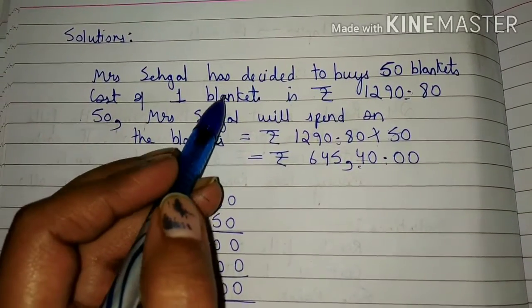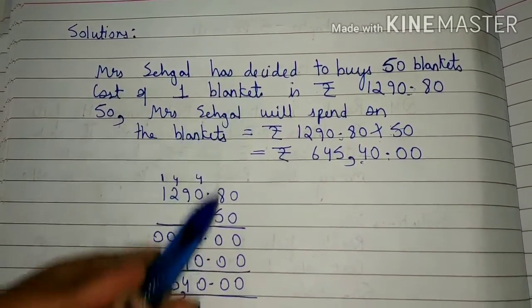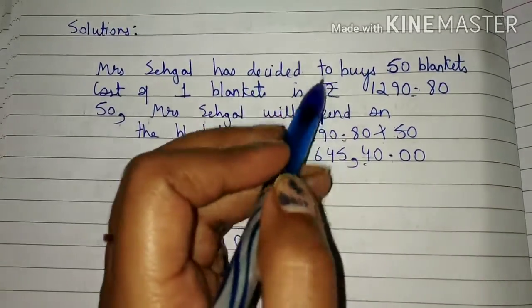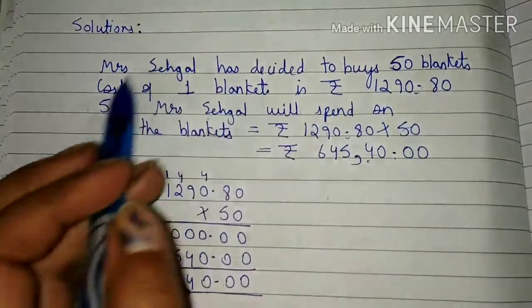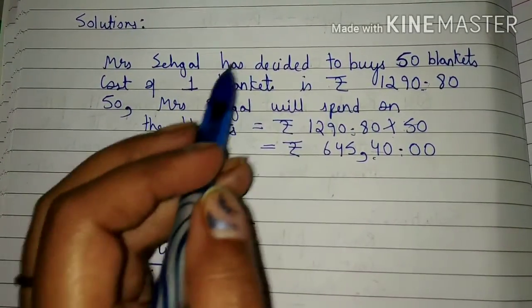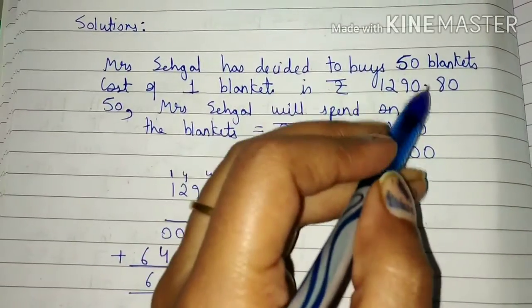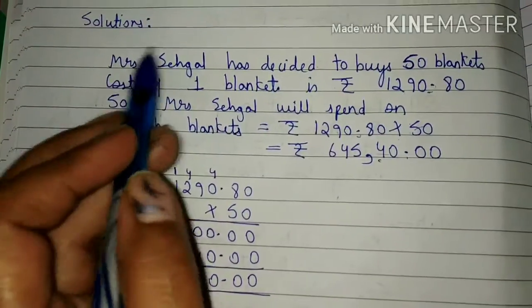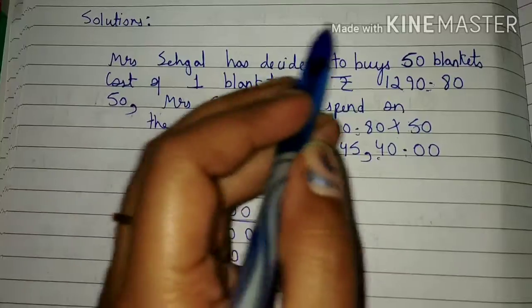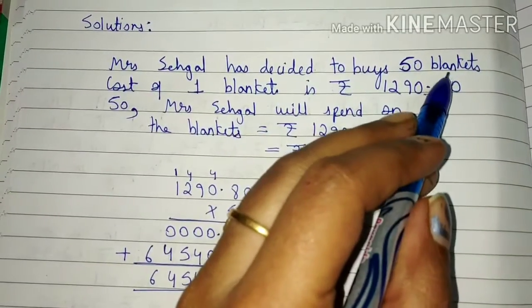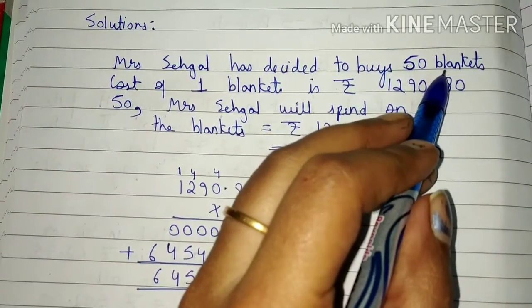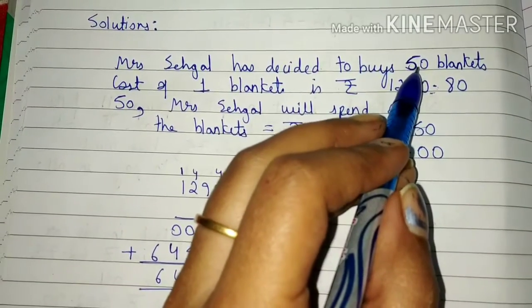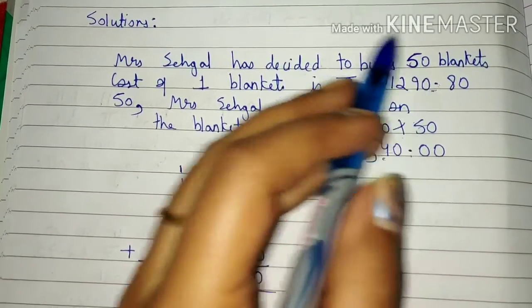First of all, you have to write the statement like this. Mrs. Sehgal has decided to buy 50 blankets. Cost of one blanket is rupees 1290.80. Mrs. Sehgal has decided to purchase 50 blankets so that she can give blankets to those people who don't have their home in the month of December.